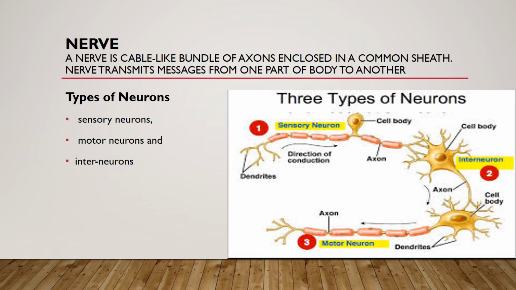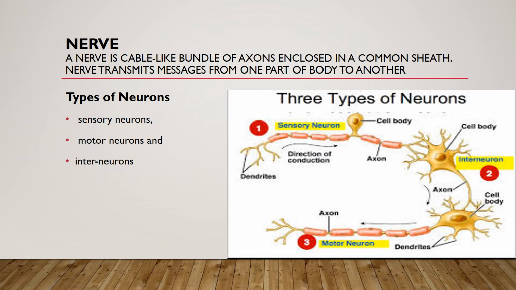Here we will discuss the three types of neurons. On the basis of their function, neurons are of three types. First one is sensory neuron, second is motor neuron, and the third is interneuron. First of all, sensory neurons. As the name shows, sensory neurons carry the nerve impulses from the sense organs, eyes, ears, skin, tongue, nose, etc. to the central nervous system.